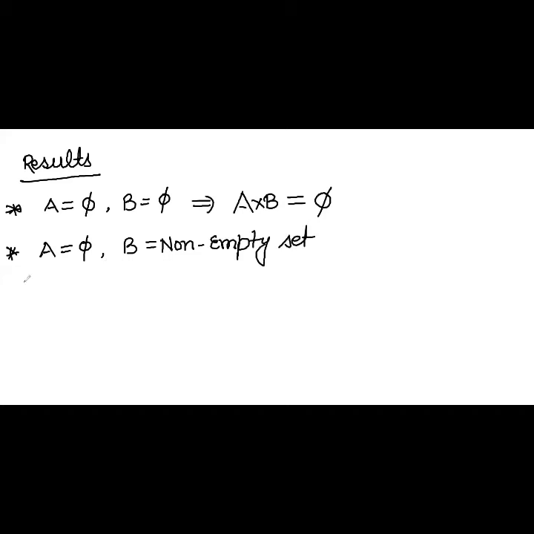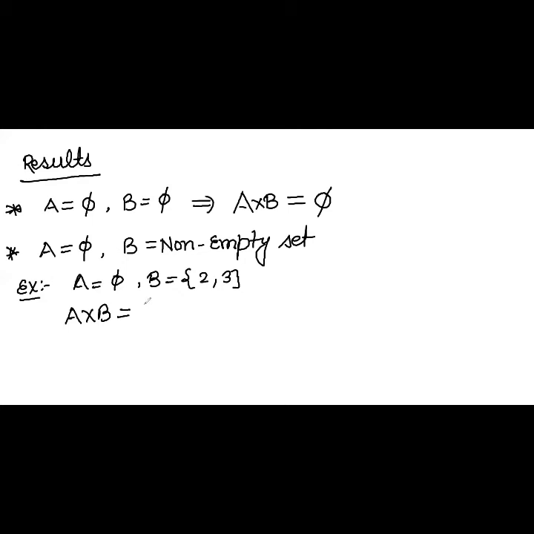As an example, if I take A equals φ and B equals {2, 3}, then we have to find A cross B. One set's values are given, another set's are not. How can we multiply? How can we find the elements?